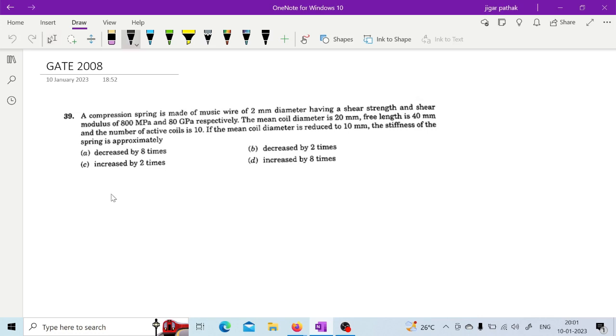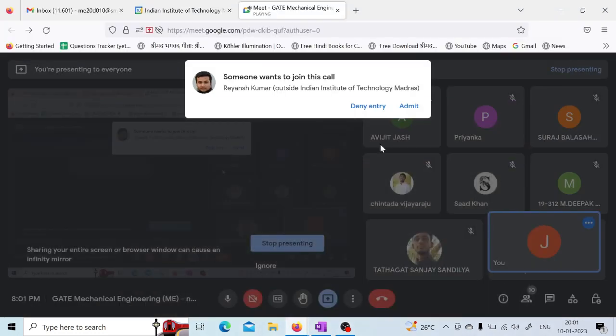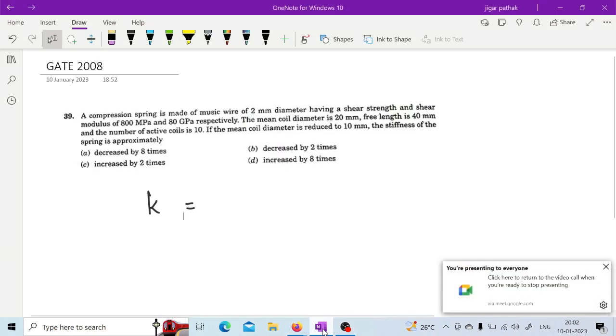So first, do you recall the stiffness equation? Anyone? It is G d to the power 4 upon 8 D cube N, right?